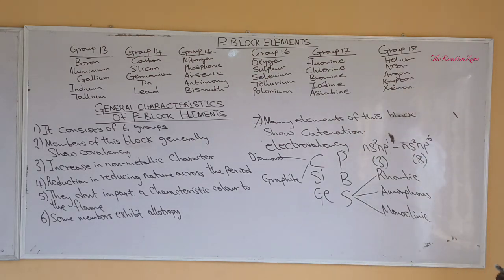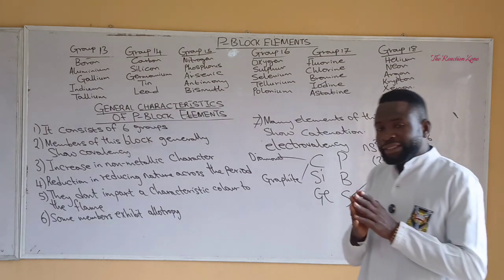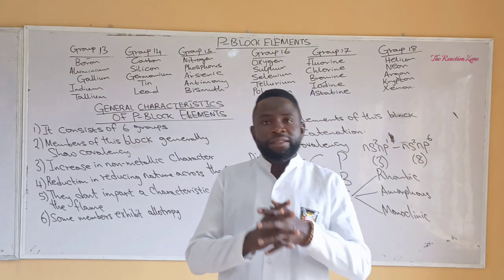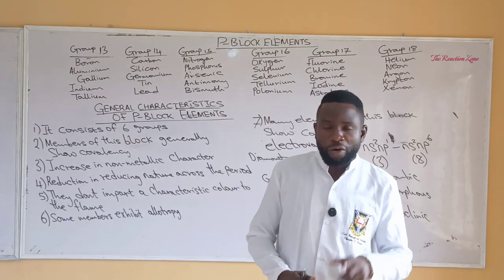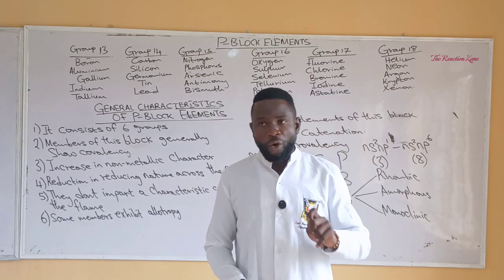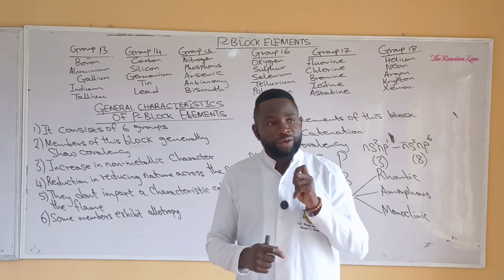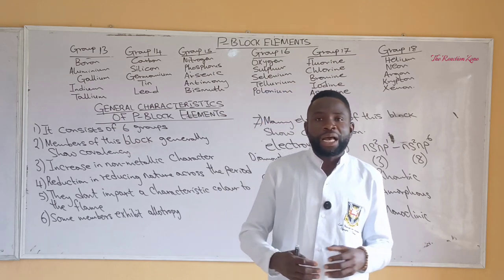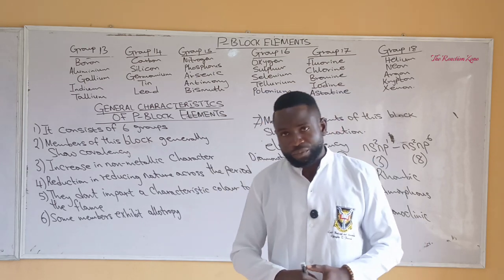Also, many elements of the P block show catenation. Catenation is the ability of an element to form chains or rings in which its atoms are bonded together.